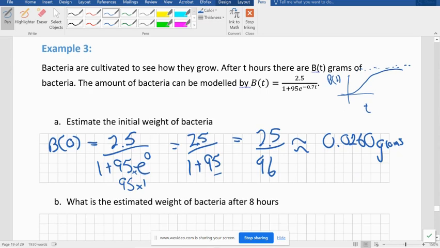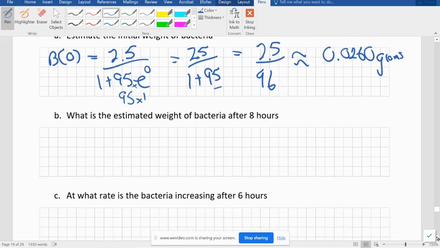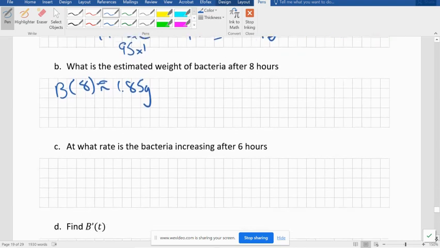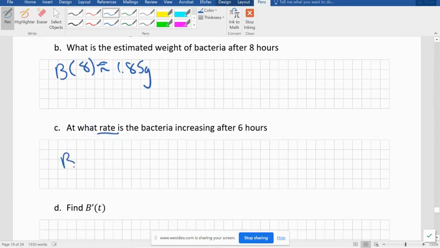All right. So what is the estimated weight of bacteria after 8 hours? Okay, so I would suggest putting it on your calculator, and we'll get an approximate value of 1.85 grams. Okay, what is the rate? So be careful with your rate questions. As soon as I hear rate, we're talking about this guy, aren't we? All right. So remember, I feel like I want to show you, but I think you've done enough.